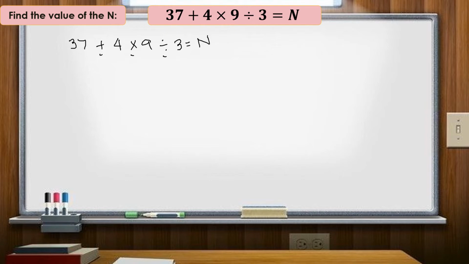Multiply. In MDAS, multiplication comes first, so we do the multiplication first. You can underline it or put parentheses. Copy 37 plus, then 4 times 9 is 36, and then divided by 3.